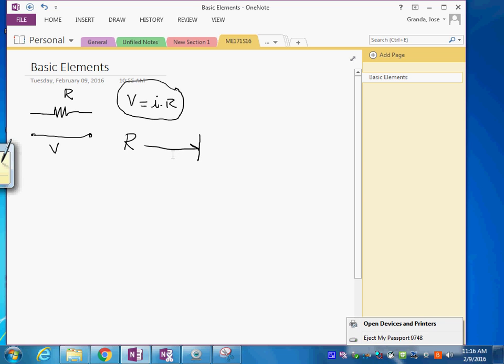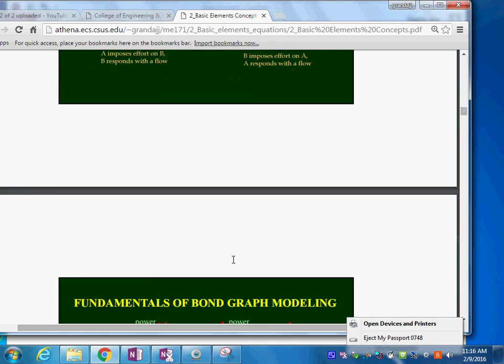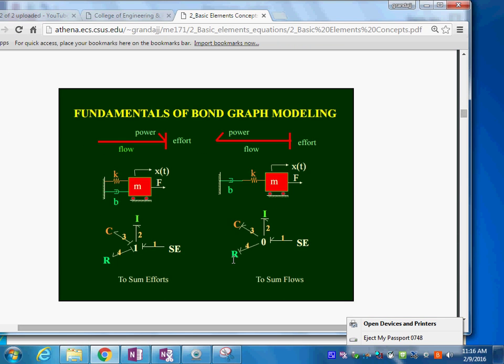I would just go ahead and state that the one junction is the common flow junction and the zero junction is the common effort junction. So if we could just write it down, and let's see, we go over here.